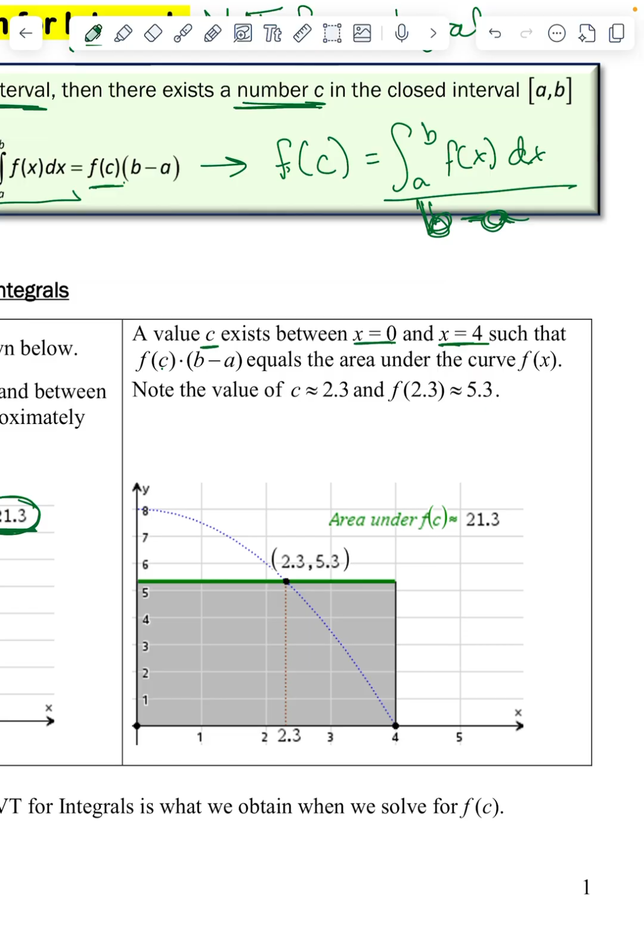So if we know that the area under the curve was 21.3, there's some value c here, which they have already solved for us to be 2.3.